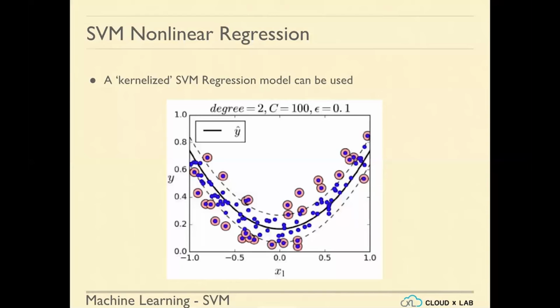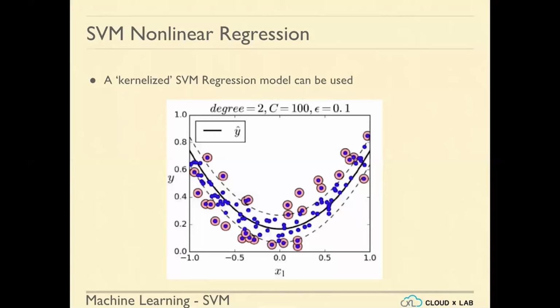If C is higher, we let go of many instances. Or you can say that if C is higher, regularization is higher, and the degree is 2 here.